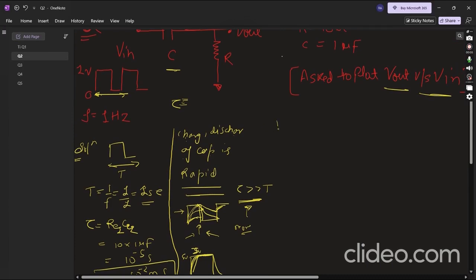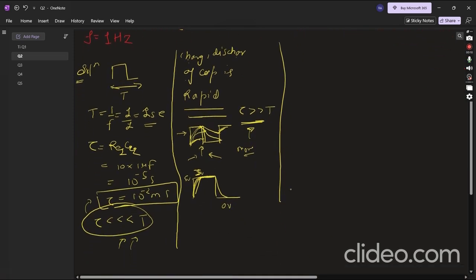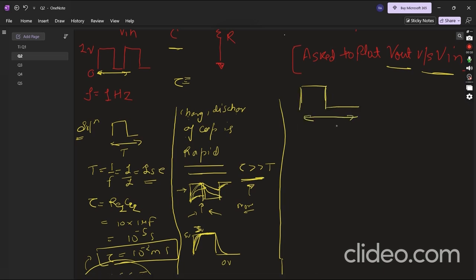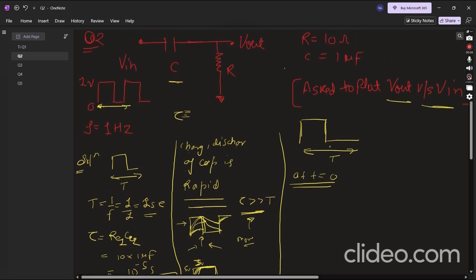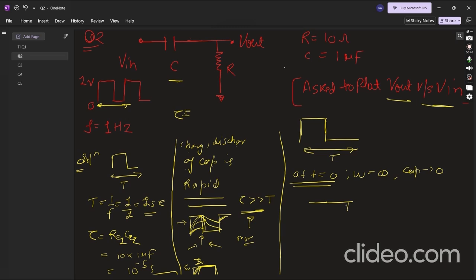Sorry for bad handwriting, I'm new to this. For the positive half pulse, if we consider this time frame, at t equals 0, omega is infinite, the cap shorts, and the circuit reduces to this.